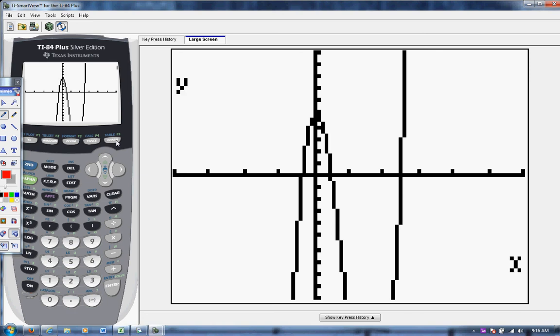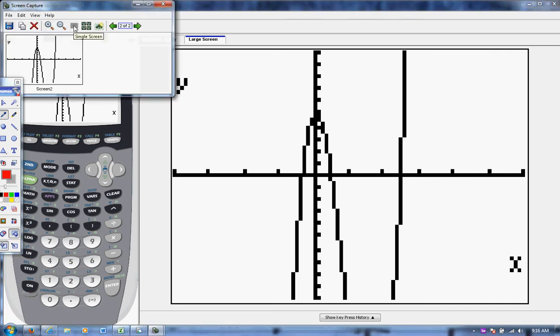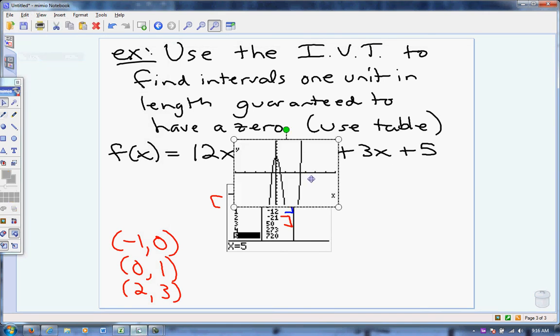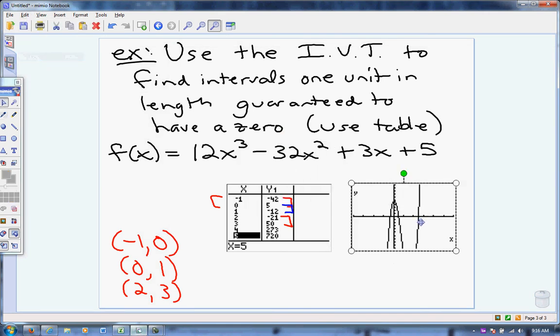Yep. Do you see that that's where the zeros showed up? The places where the x-intercepts were? Remember, a 0 is an x-intercept. All right? Look what we said.